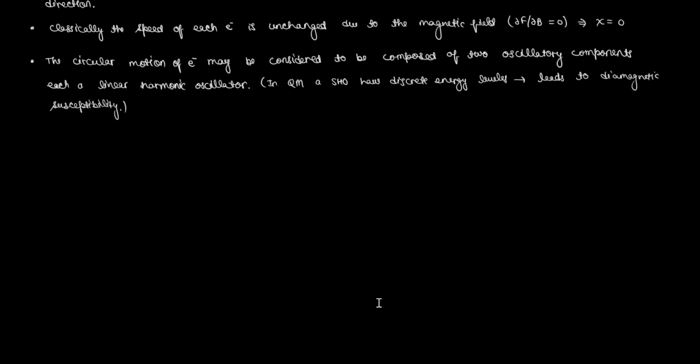Now in the previous video we have seen the concept of Landau levels, where the energy levels in the absence of magnetic field were quasi-continuous and become discrete when a field is applied, and these discrete energy levels were highly degenerate.